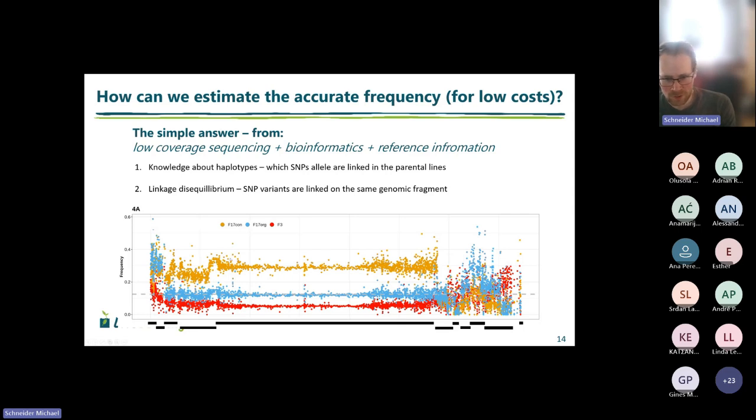Each of these dots represents a SNP, where we have relatively low confidence in what the allele frequency really is. But when we aggregate, for example, this big chunk in the center, we can say for this population the allele frequency in this chunk is 0.3 on average.